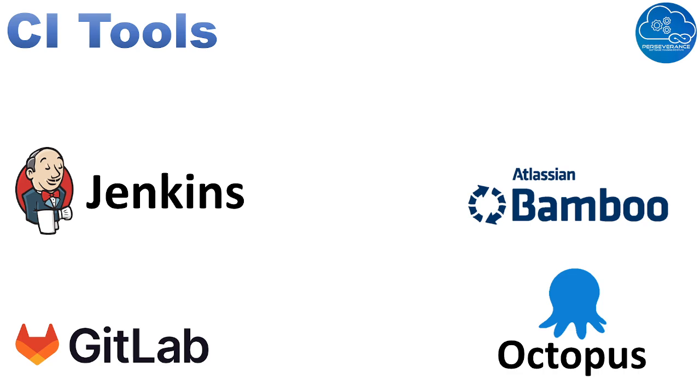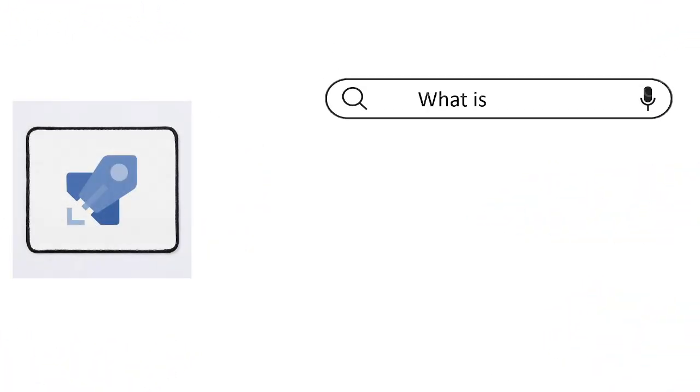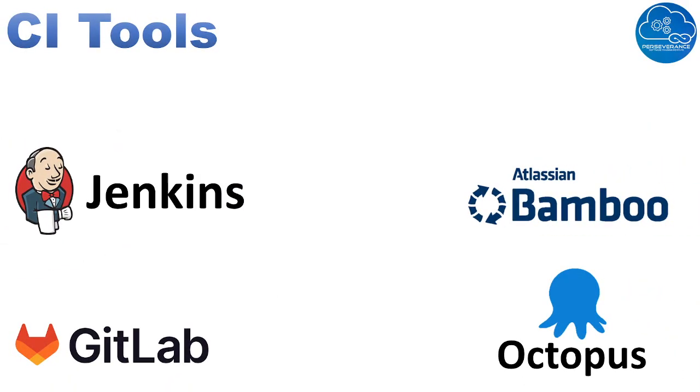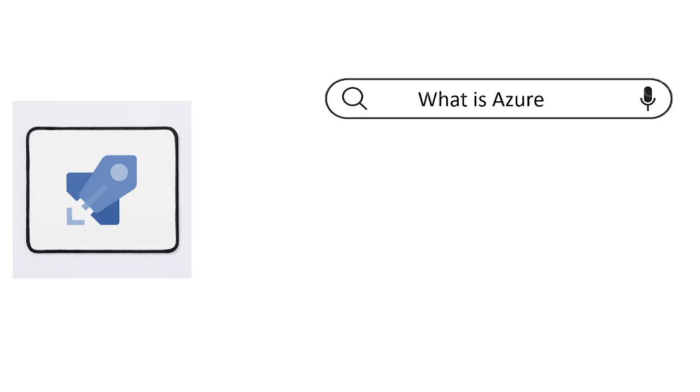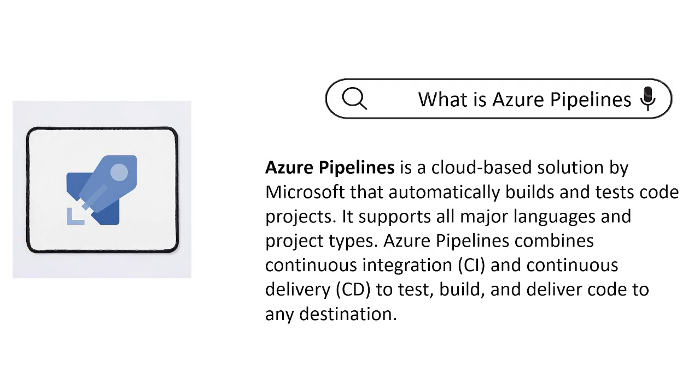Now I just want to highlight a cloud-based CI tool. If you see the last slide, it is all about CI tools like Jenkins, Bamboo, GitLab, Octopus. We have many more available in the market. Now I'm explaining the tool developed by Azure, which is Azure Pipelines.